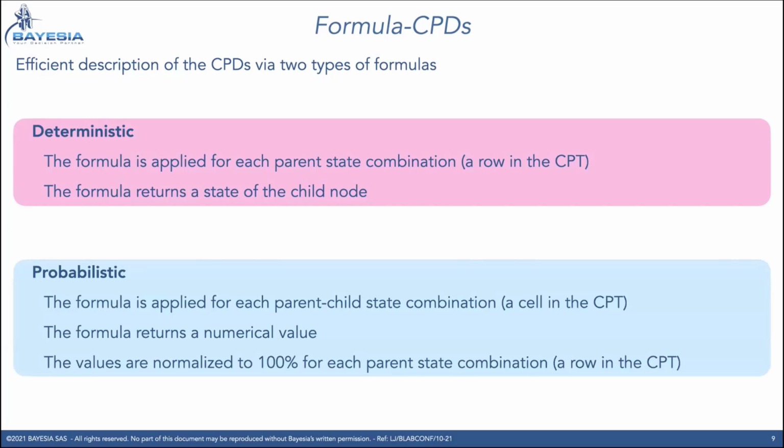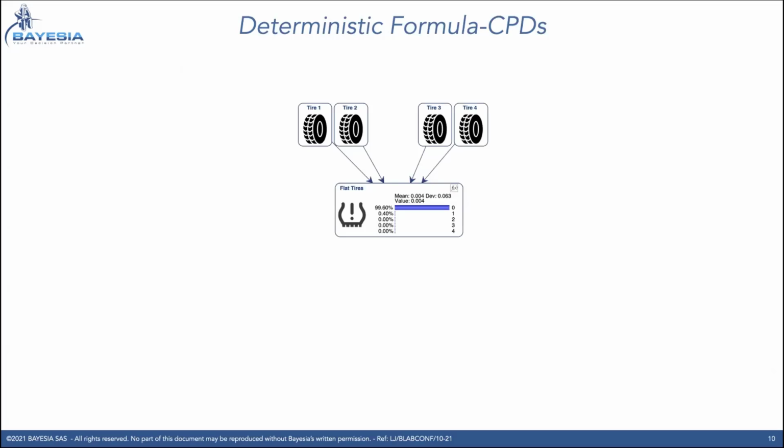And for probabilistic formulas, we are applying the formula for each parent-child state combination, so each cell in the CPT, and then the formula returns a numerical value that we are, at the very end, normalizing to get a probability distribution, right? So this is an example of the deterministic formula.